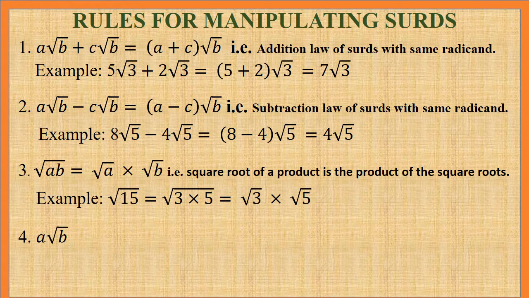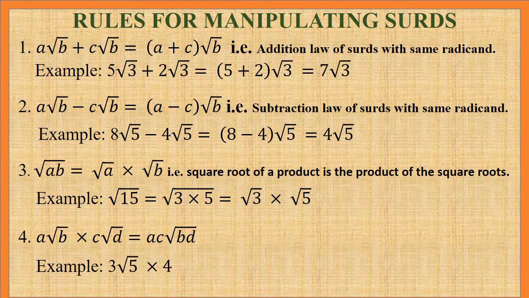Then for the fourth rule, we have a root of b multiplied by c root of d. And this will be equal to ac root of bd.